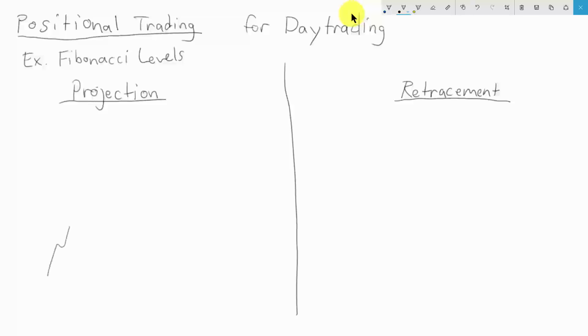So let's just get something going for projection, which, as you know, you take a measurement of a swing, and then that becomes the basis for some projection.